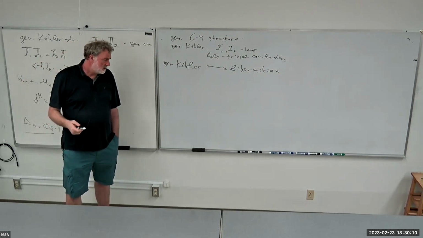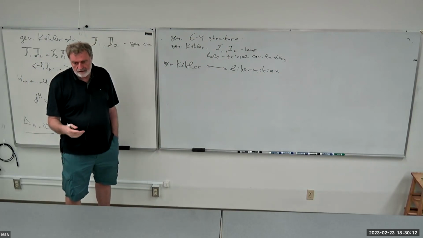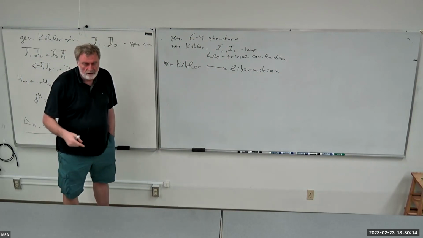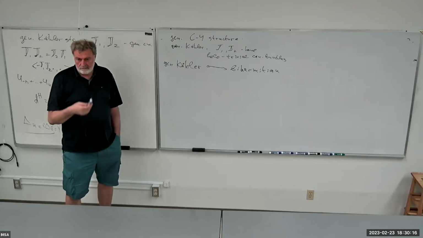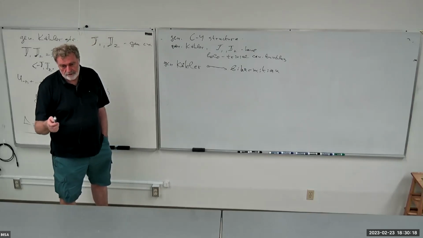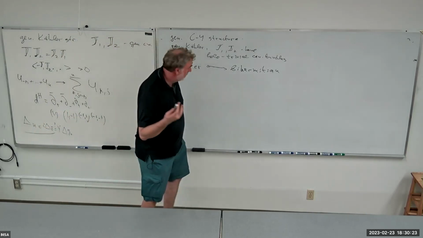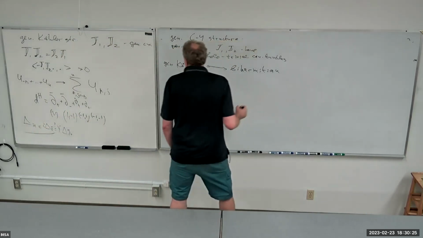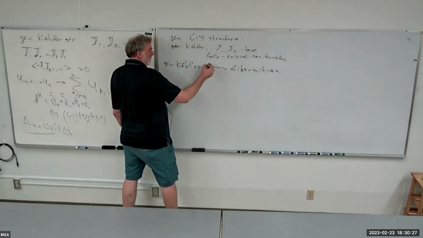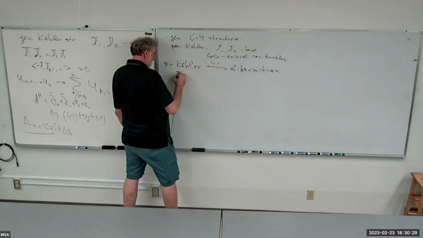So this general Calabi-Yau flow is something which extends the standard one to the closed one. And if it exists for all times, it's expected that the limit structure is Ricci flat. And this correspondence looks like this.